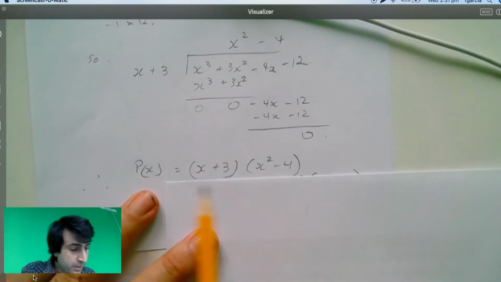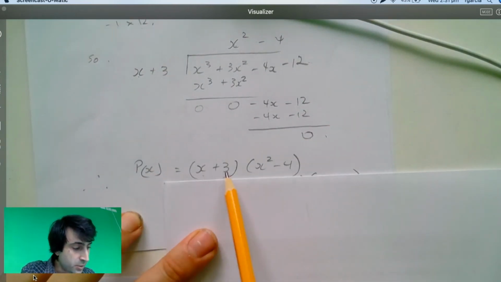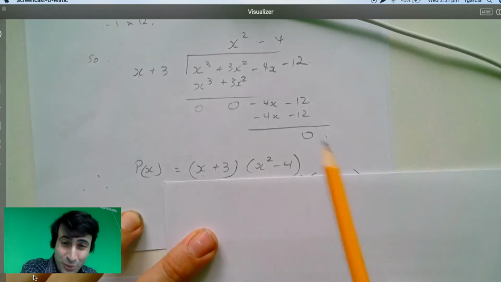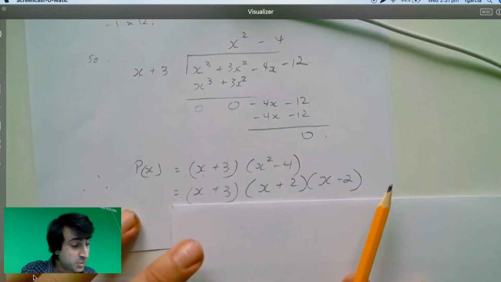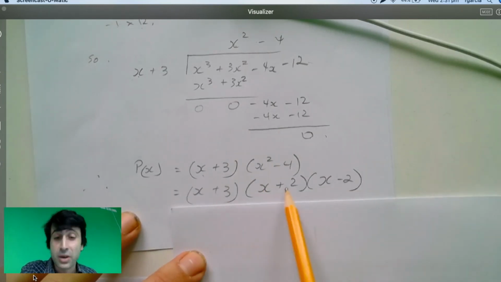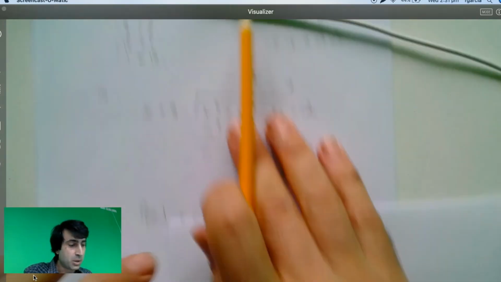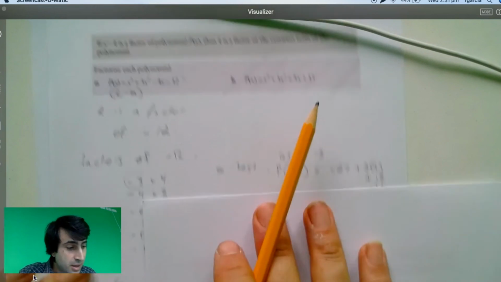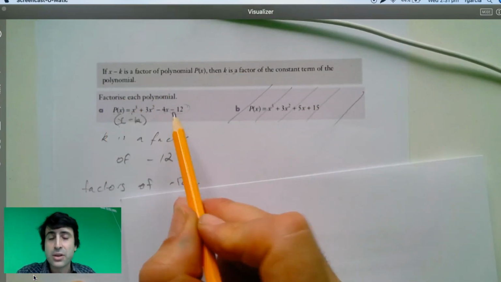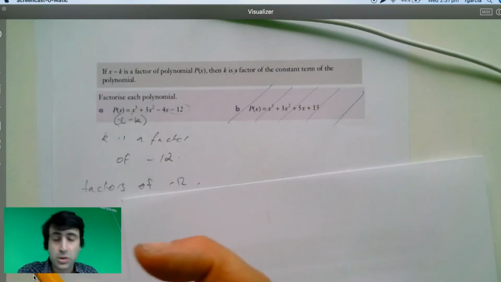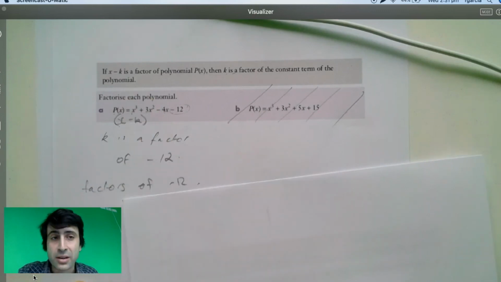So polynomial p is just x plus 3 times x squared minus 4, which is also the same as x plus 3, x plus 2, x minus 2. This is factorising this polynomial here. Now, prior to this, we had no other way of actually factorising cubics and anything greater than that. Now we do.